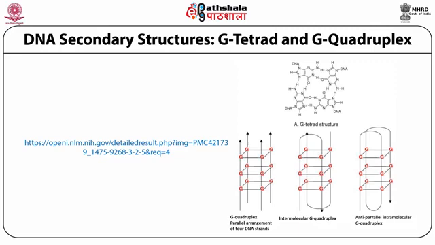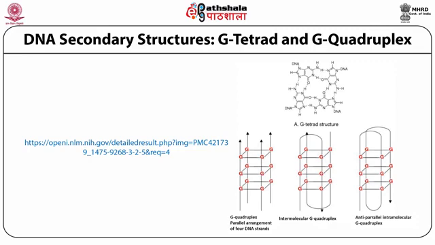These are all guanine bases, and they can form Hoogsteen base pairs among themselves, and 4 guanines can come together. That's why it's called a tetrad structure. Below we have shown 3 different possibilities of this tetrad. Now this tetrad has one plane, and different tetrads can come in the stacking plane and form G quadruplex.